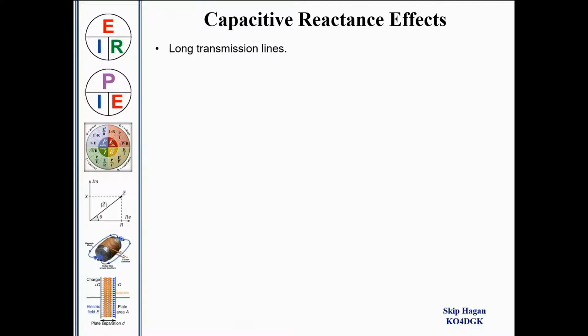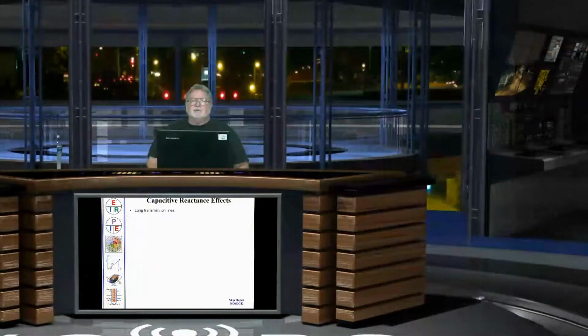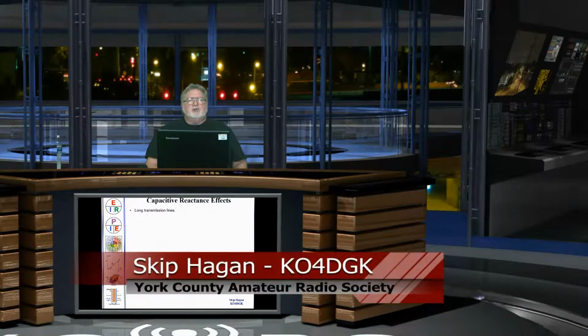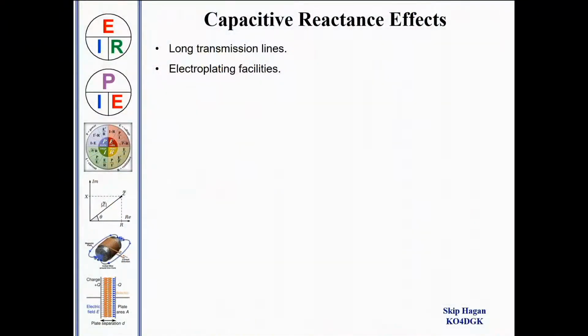So some examples of capacitors that you might not even think of. Long transmission lines, power lines, are current carrying conductors separated by a dielectric. So a long transmission line produces an enormous amount of capacitance. Electroplating facilities.